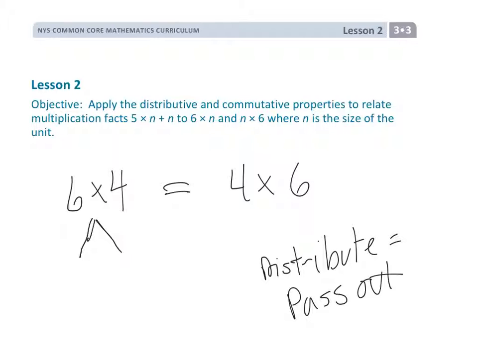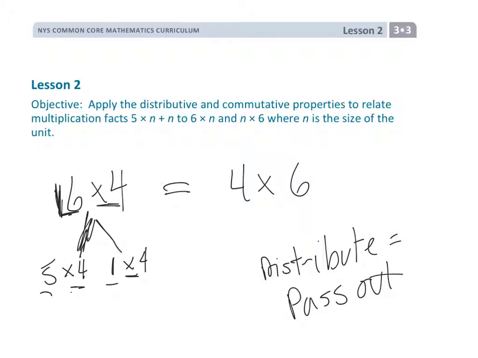What we're going to pass out here is this number 6. We're going to pass it out and break it into a 5 and a 1. And we go 5 times 4 and 1 times 4. So this stays the same as this and this. And the 6 here gets broken into 5 and a 1.